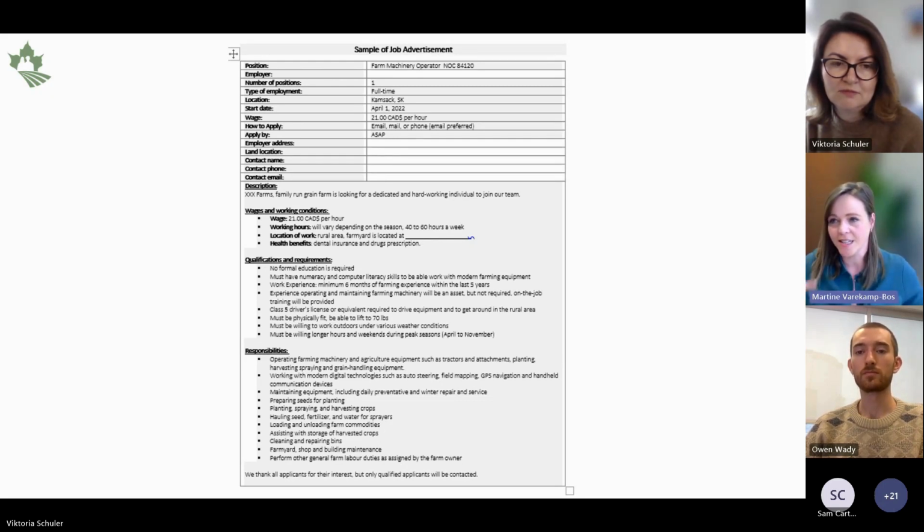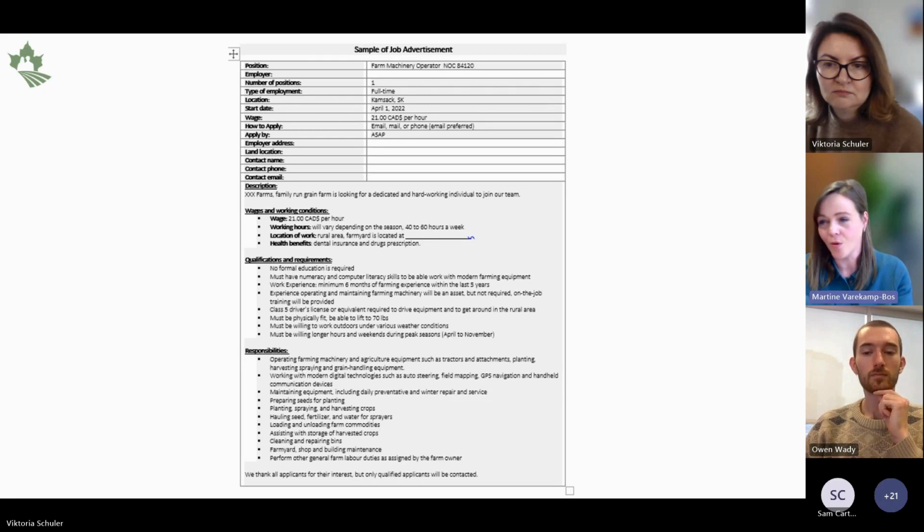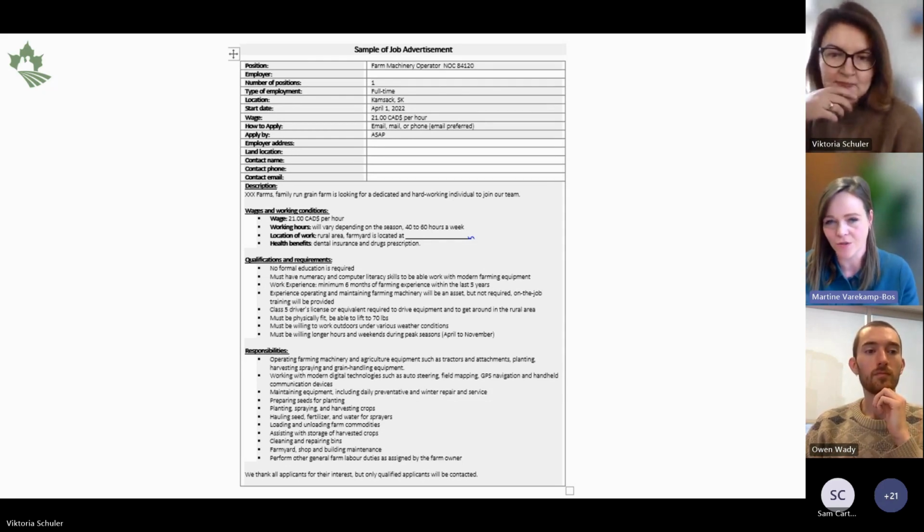So it's important that you think about this right away when you're putting this ad together. The foreign worker also needs to meet these requirements. Setting a high bar might complicate things later in getting a foreign worker that you've selected who may not have high school but maybe has 15 years of experience, for example.